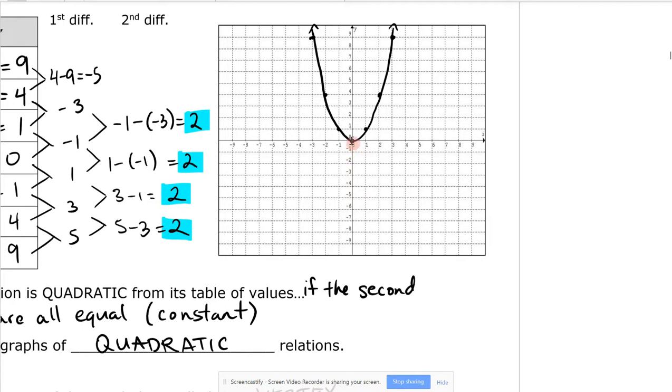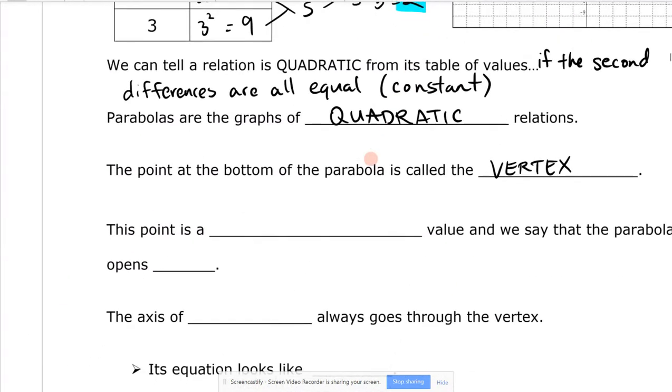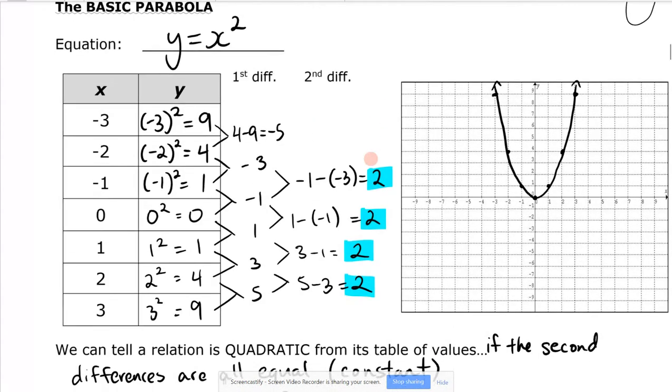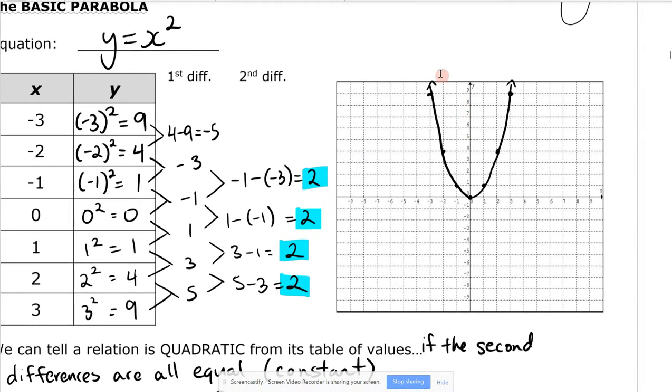But that vertex point is also what we call a minimum point. It doesn't go any further below 0, and then it goes back up in the other direction. So this point is a minimum value, and we say that the parabola opens up. So when you have the minimum, the parabola opens up. You think of the parabola like an open mouth. The mouth is pointing up.